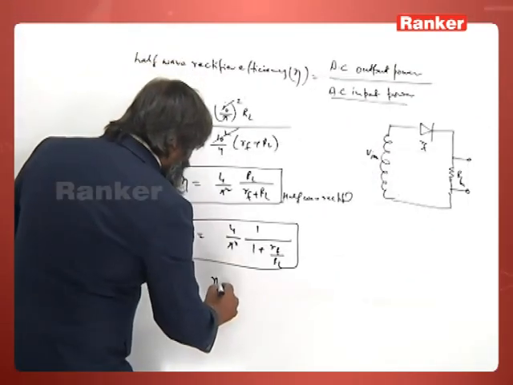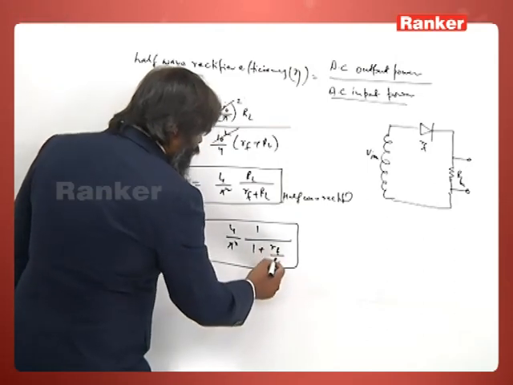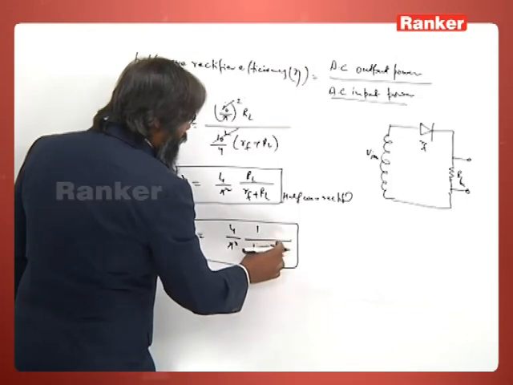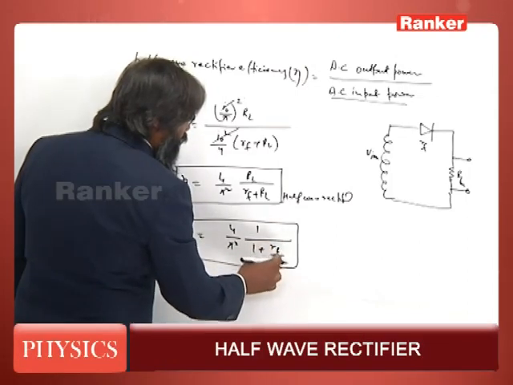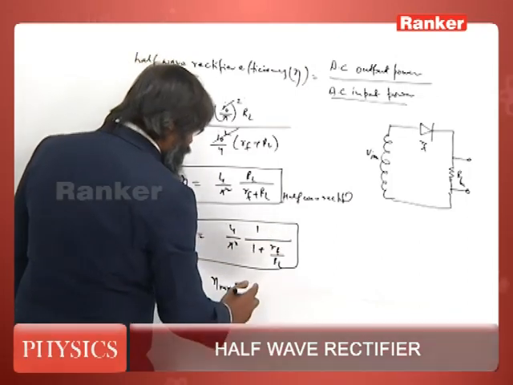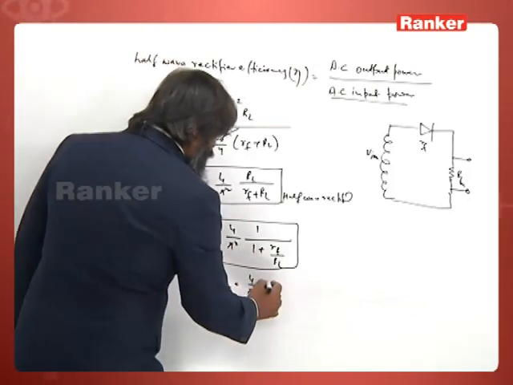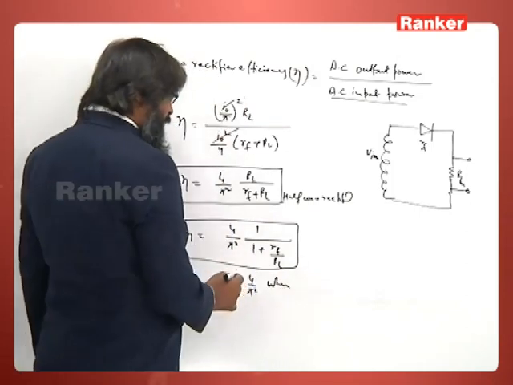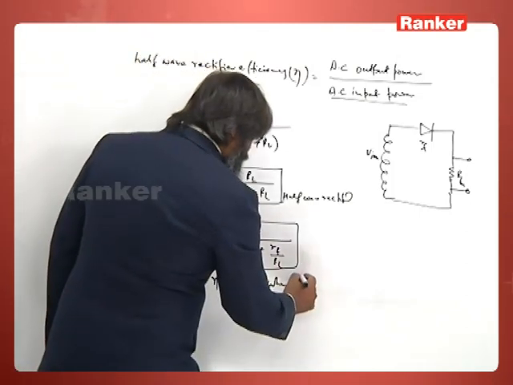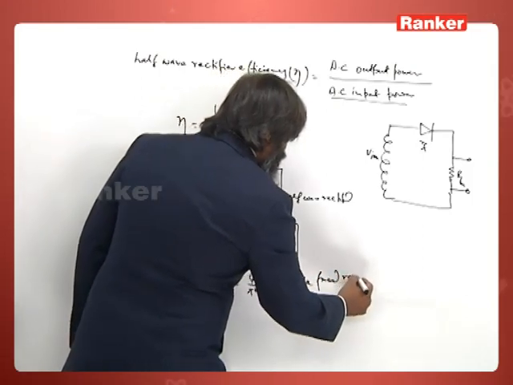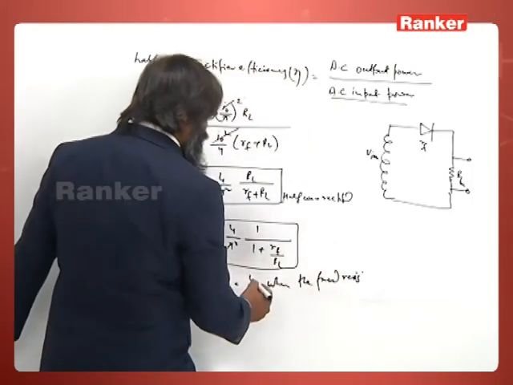Now maximum efficiency will be when this is minimum, this is minimum when RF is 0. So eta is equal to 4 by pi square when the forward resistance, when this term is 0.